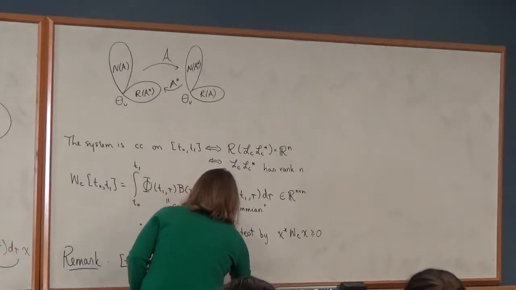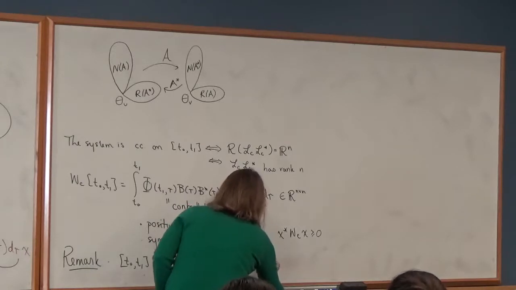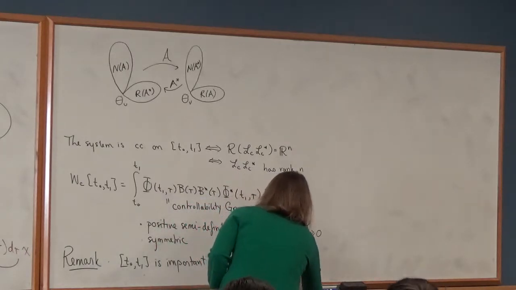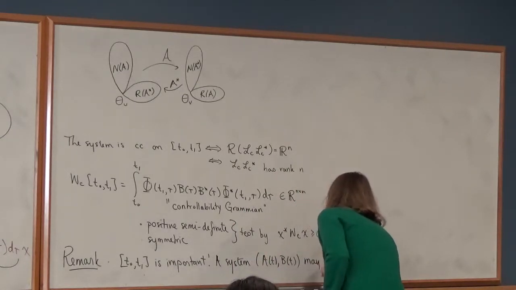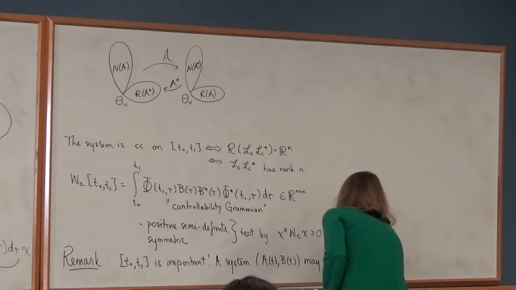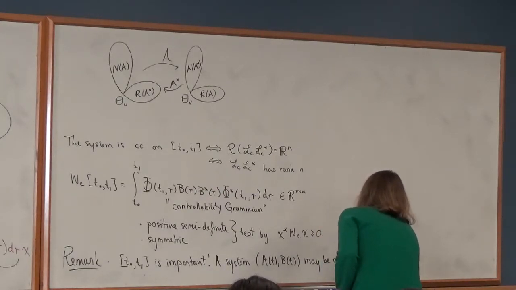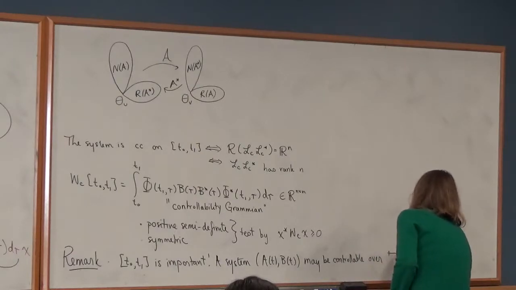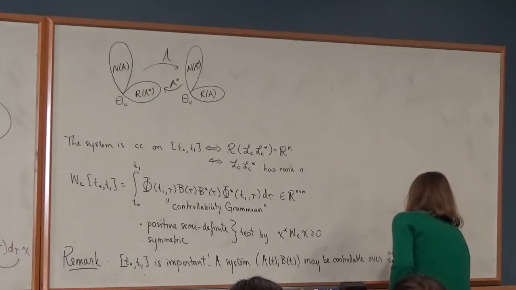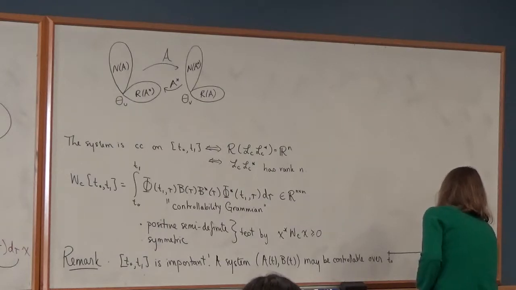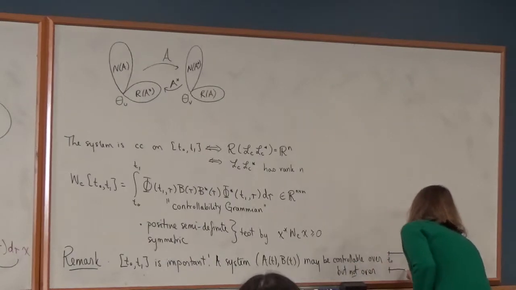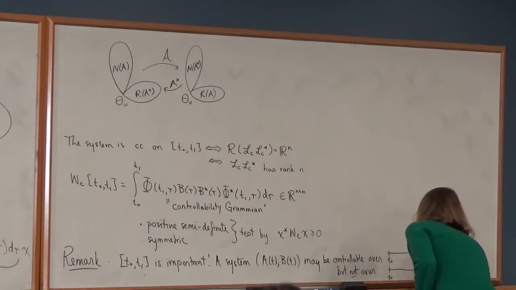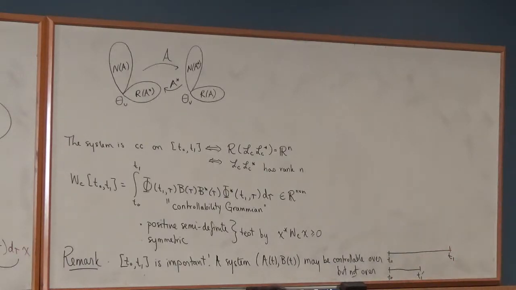Remember last day we talked about controllability being fully represented by the AB matrices of the system. A system AB may be controllable over t0 to t1, that longer time interval, but not over, say, t0 to some t1 prime, some intermediate time point.